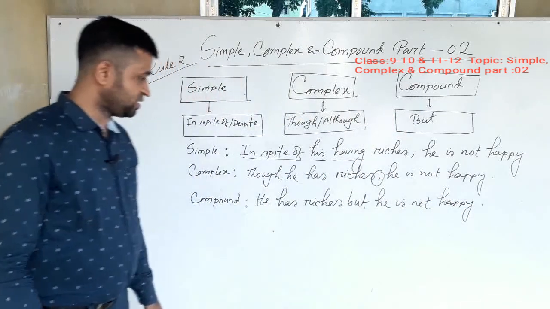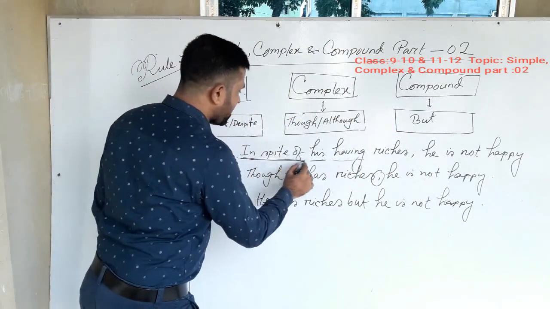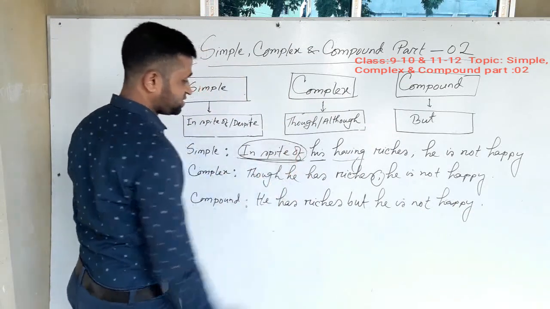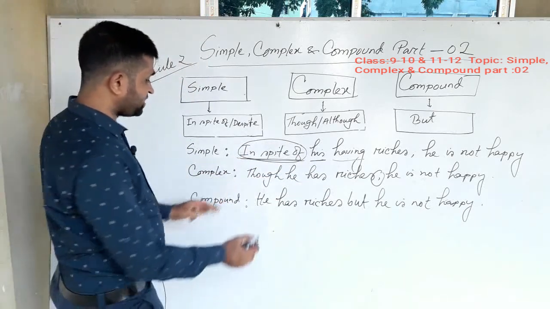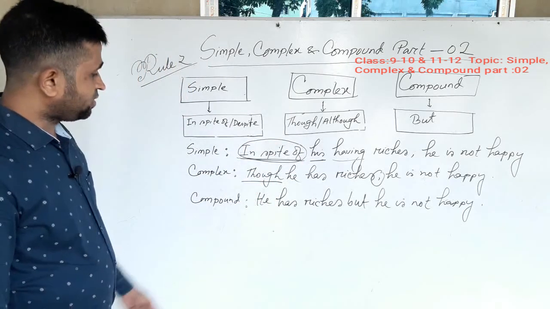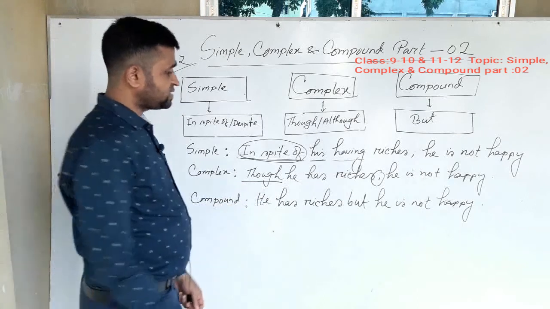Dear learners, in the simple sentence we have used in spite of. By seeing it, you can easily identify it is a simple sentence. Now I have written the complex sentence, though, oblique, although. You can identify it is a complex sentence. And in another sentence, but.